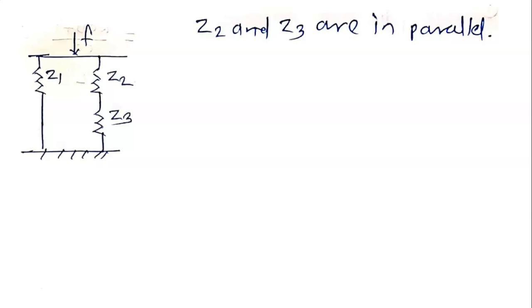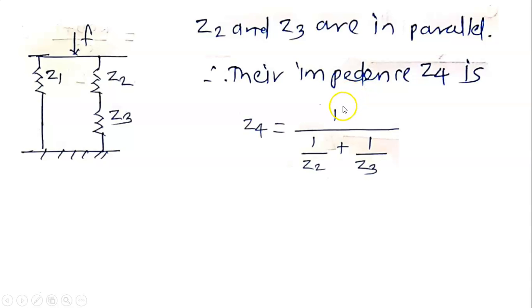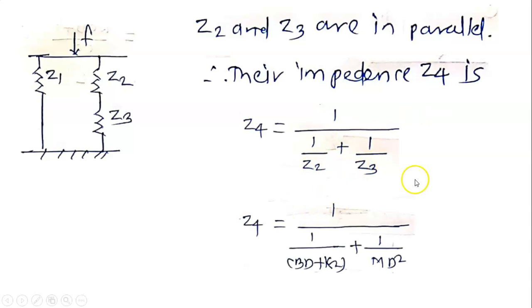Therefore, their impedance Z4 is given by Z4 is equal to 1 divided by 1 upon Z2 plus 1 upon Z3. Therefore, substituting values of Z2 and Z3, Z4 is equal to 1 divided by 1 upon BD plus K2 plus 1 upon MD square.